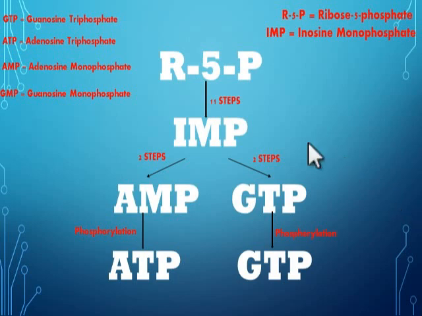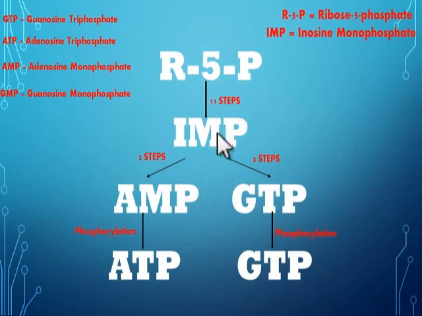So as you can see in this pathway here, this is ribose 5-phosphate. It undergoes 10 main steps and 1 preliminary step, making it 11 steps to give you inosine monophosphate, which is a purine nucleotide. Now, the inosine monophosphate undergoes 2 steps to give you adenosine monophosphate.